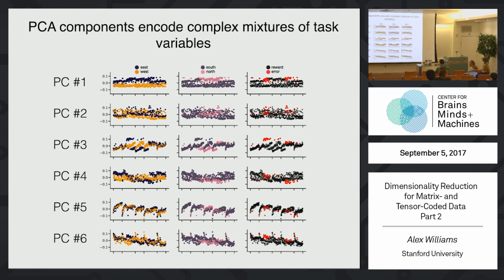Here, if you look at the top 6 principal components, you get this within day activity down here, and sprinkled in up here. The top factors maybe code for east versus west, but there's all sorts of ugly mixtures here that aren't necessarily easy to pull out. And again, this is basically because of the orthogonality assumption that's in PCA, and we don't have in tensor component analysis.